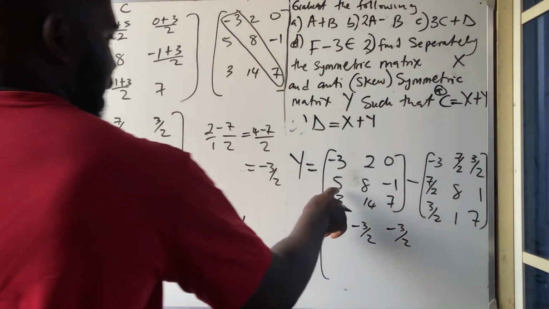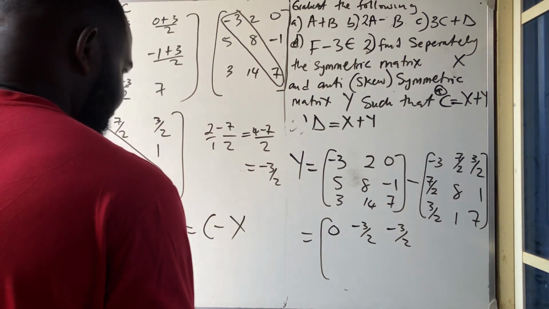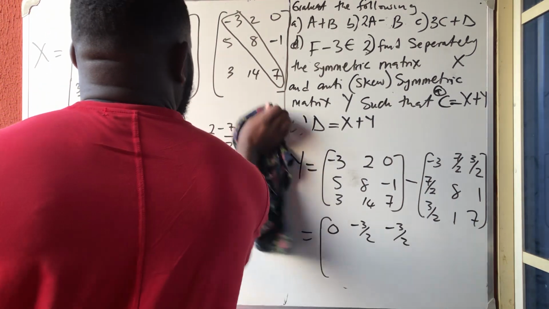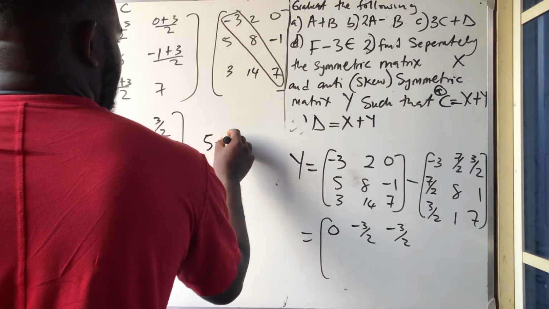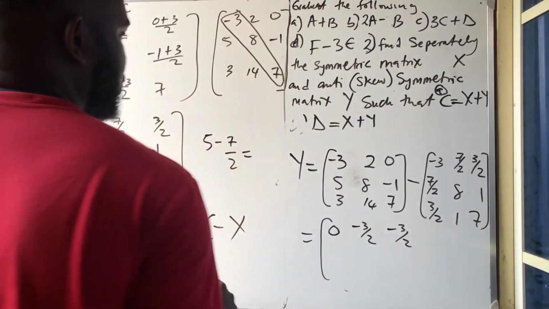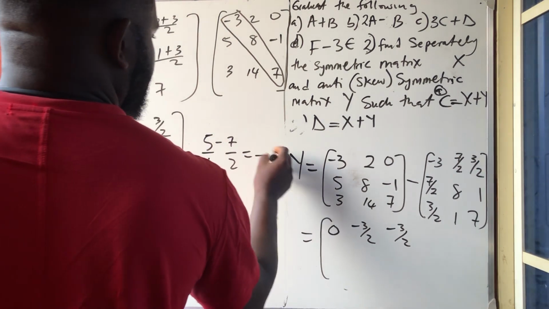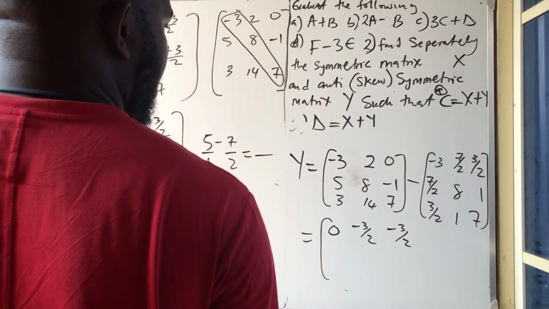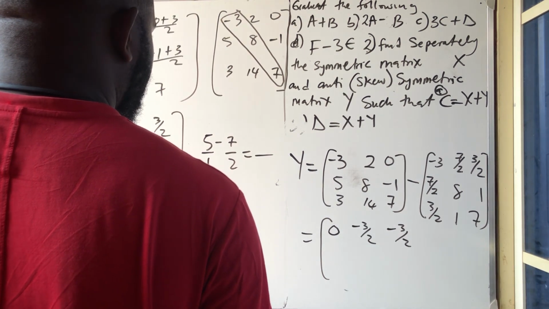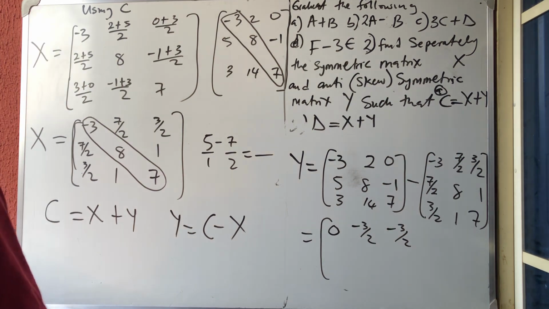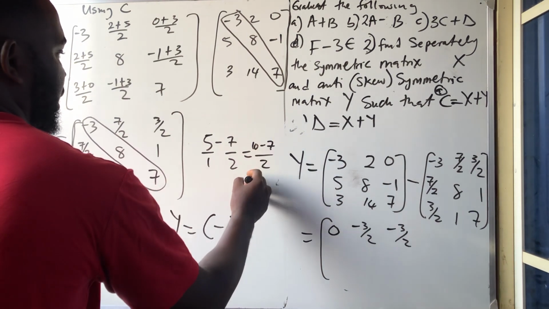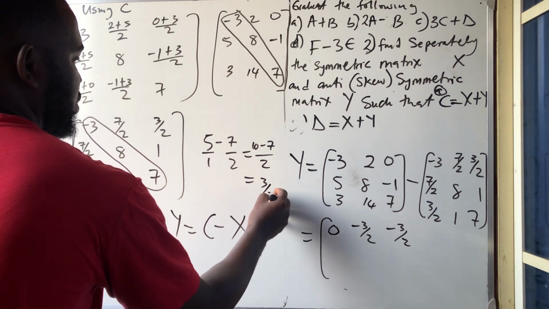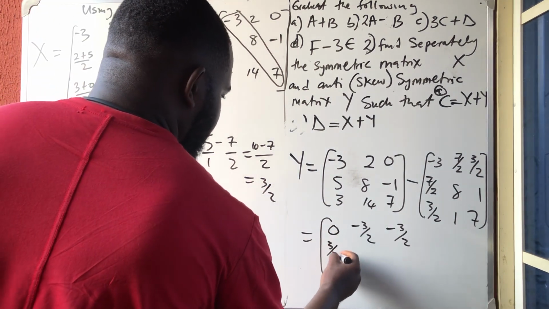Okay? 5 minus 7 over 2, the LCM is 2. I'm having 10 minus 7, which will give you 3 over 2. So I'm having 3 over 2 here.